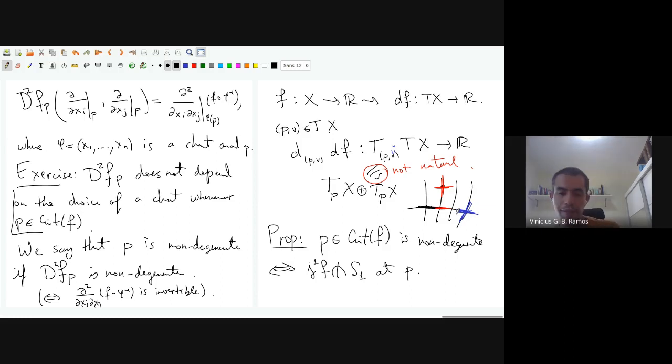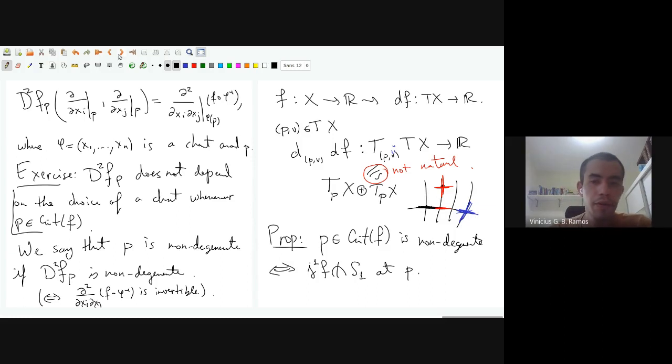S1 was the set of jets in the one jet space of co-rank 1. And in this case, since the rank is at most 1, this is the same as the rank is 0.